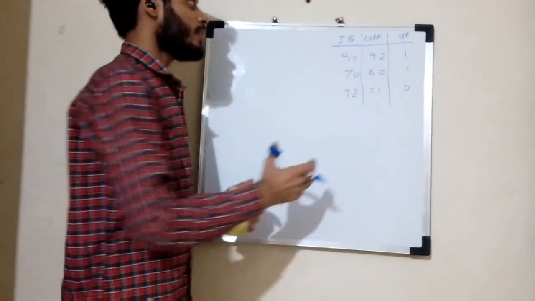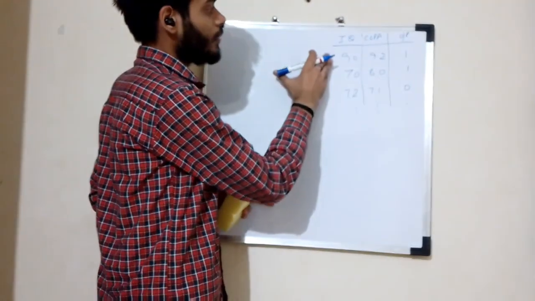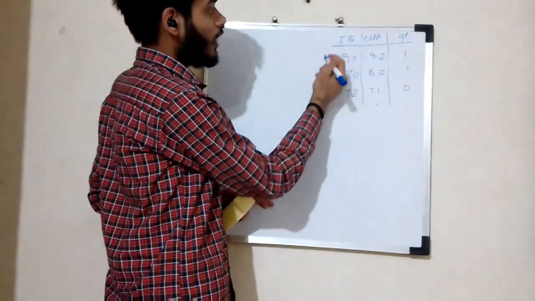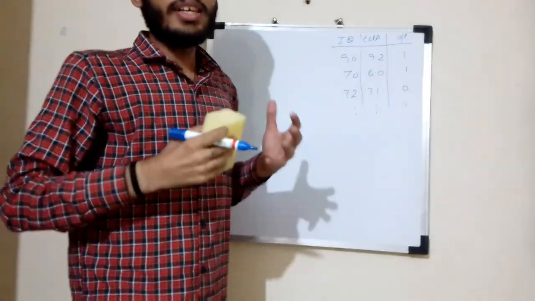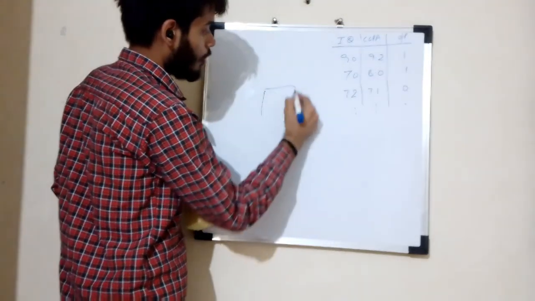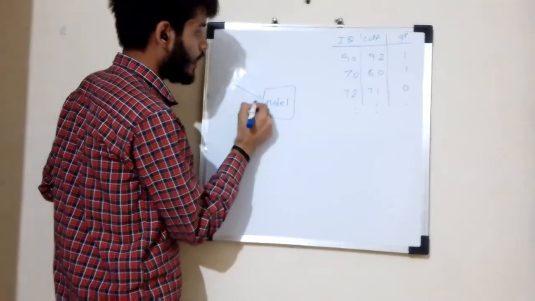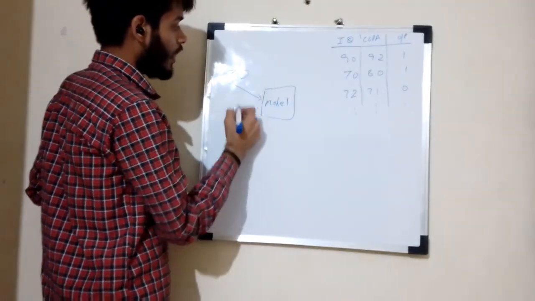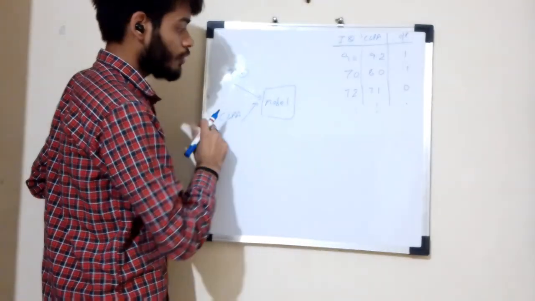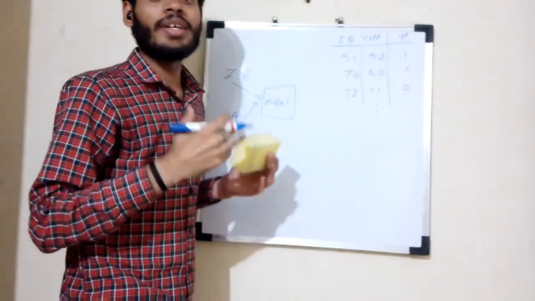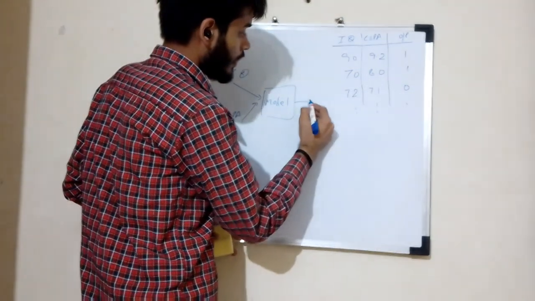Let's understand it with an example. Suppose I have a data set which has input features like IQ and CGPA, and I want to create a model. I provide the IQ of a student and the CGPA to my model, and I want to predict if the particular student will get placed or not.